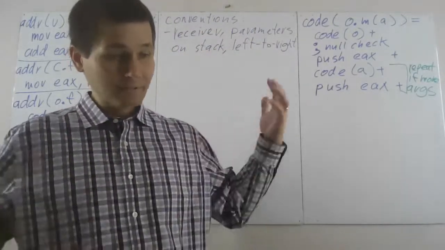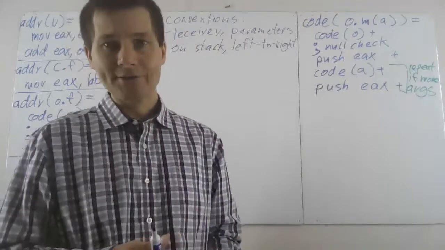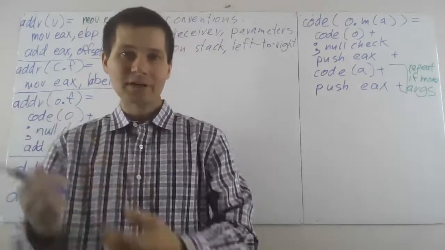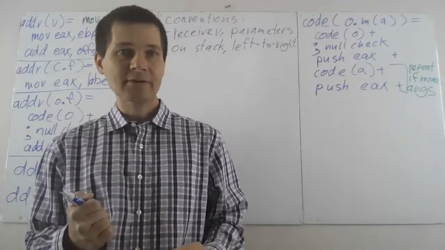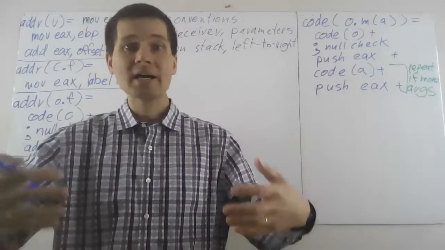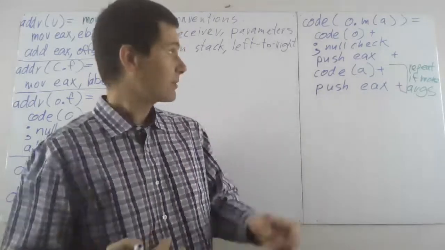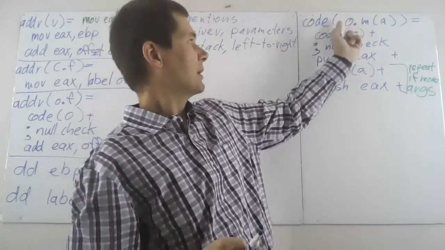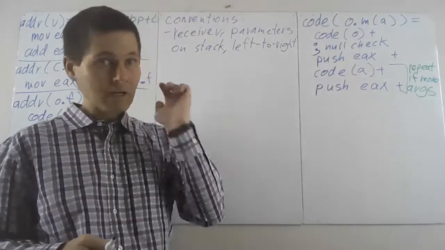And now we need to figure out which method we're actually calling. I talked a lot about this when I was talking about the object layout. We need to decide on the implementation of a particular method M based on the runtime type of that this O evaluates to.